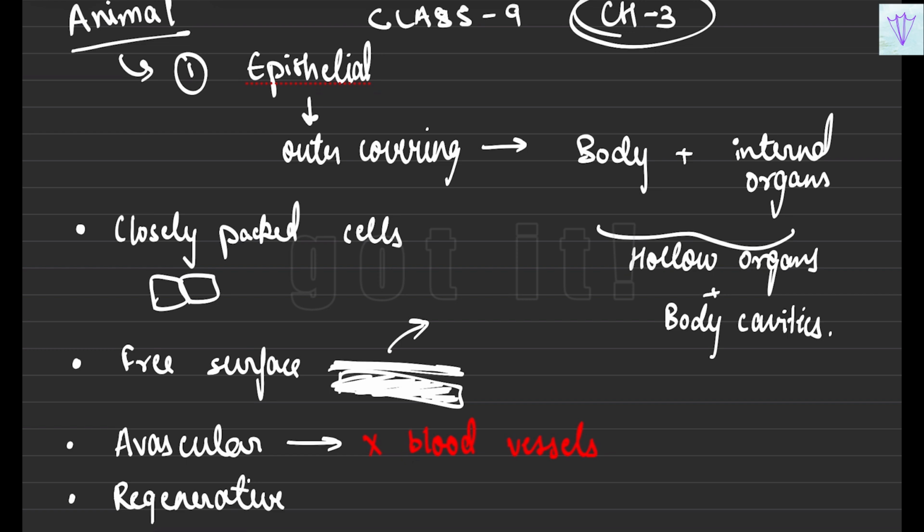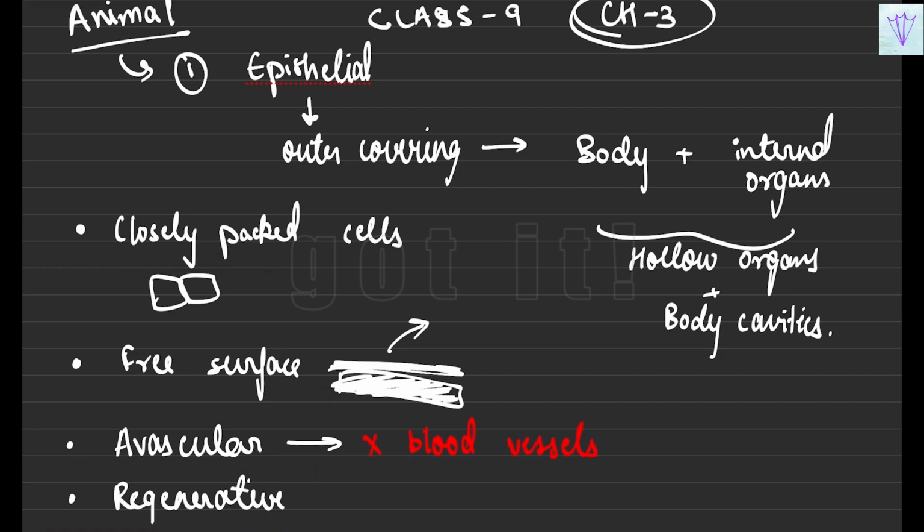Regenerative in the sense the cells will divide rapidly to replace damaged or worn out cells. So these are the primary 4 features of epithelial tissue.